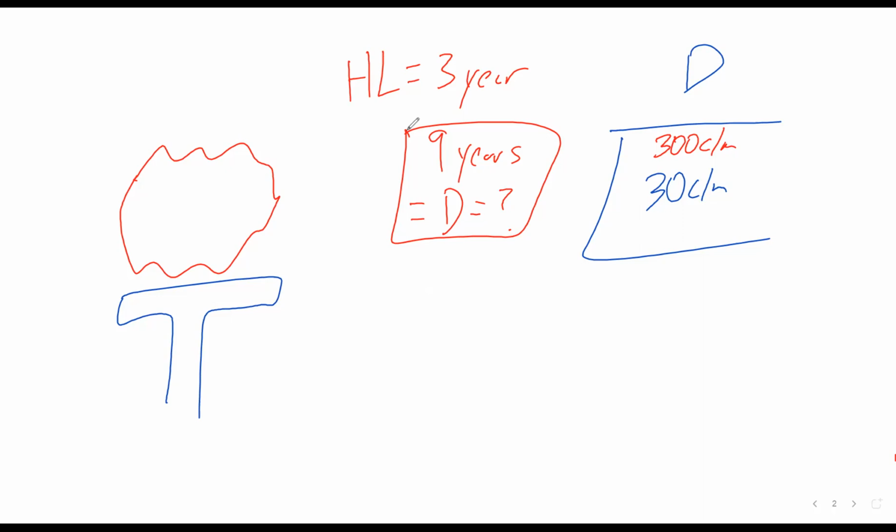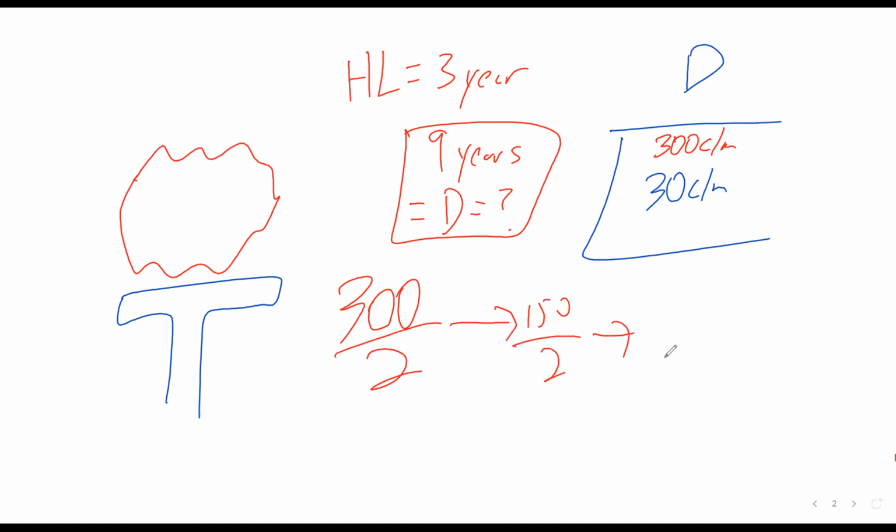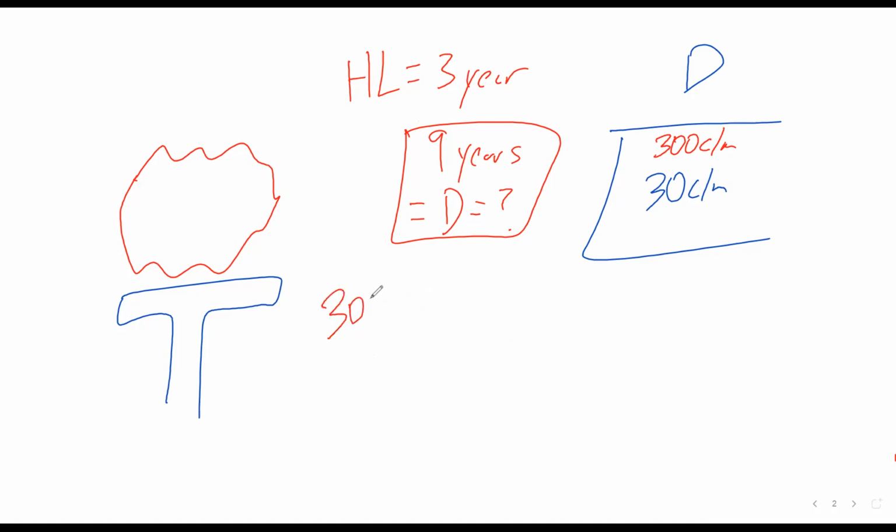Guys, listen up. If you see this question on Wednesday, the most common mistake is that students straight away take 300 divide by 2, then they tell me it's 150, then divide by 2 again, and again, and it's wrong already. This one is wrong already. You need to minus off the background radiation first, meaning 30. So 300 minus 30 gives you 270.